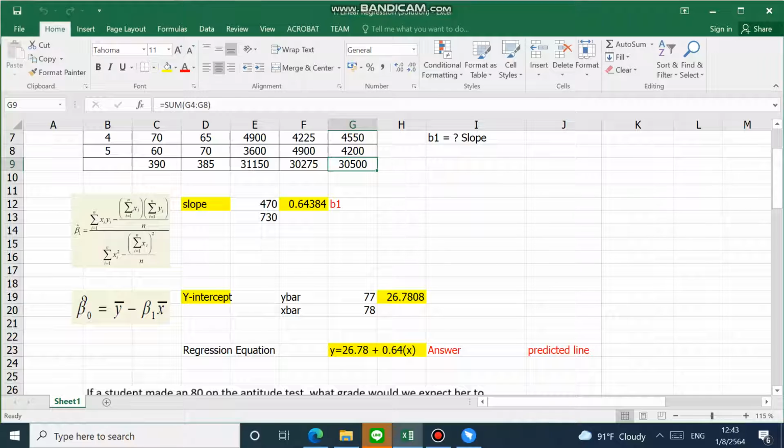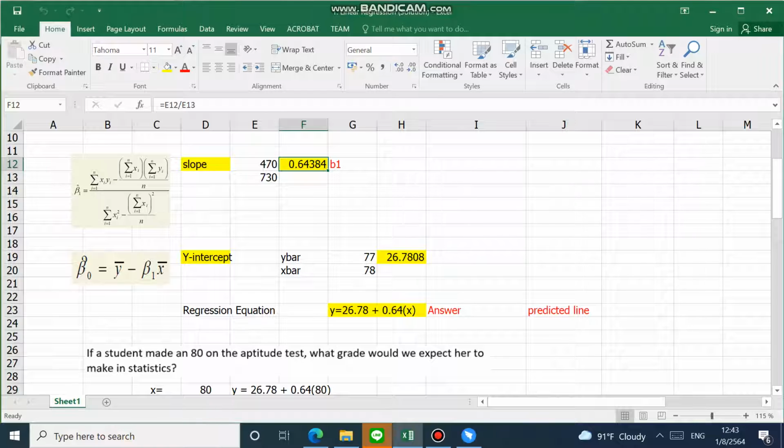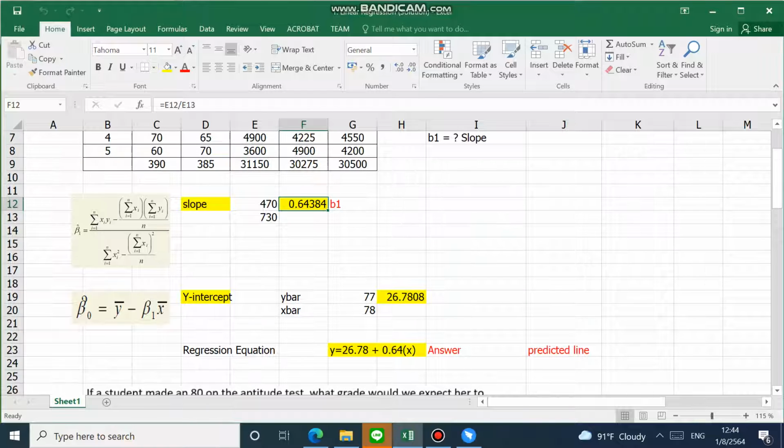Replace the values here, substitute the values into the formula. So this time you get slope 0.64. And for y-intercept, you need to compute x bar and y bar. x bar, average of x, average of y, and then the formula y-intercept is equal to y bar minus beta 1 x bar.